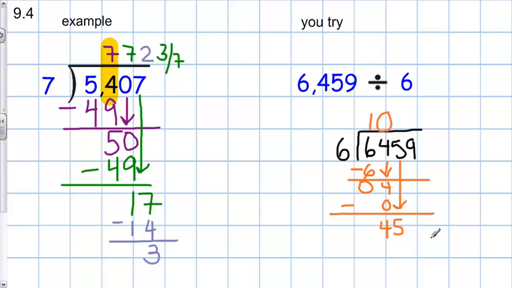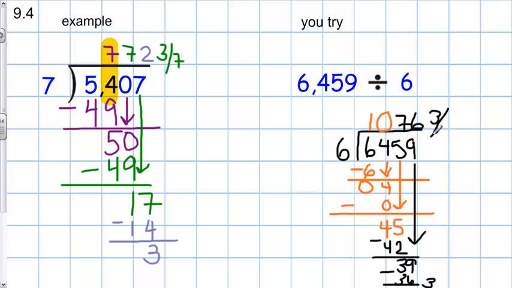How many times does 6 go into 45? 6 times 7 is 42. Now I'm going to have 3. I'm going to have to bring my 9 all the way down here. 6 can be grouped into 39 6 times. That's going to be 36. And that's going to leave me with 3.